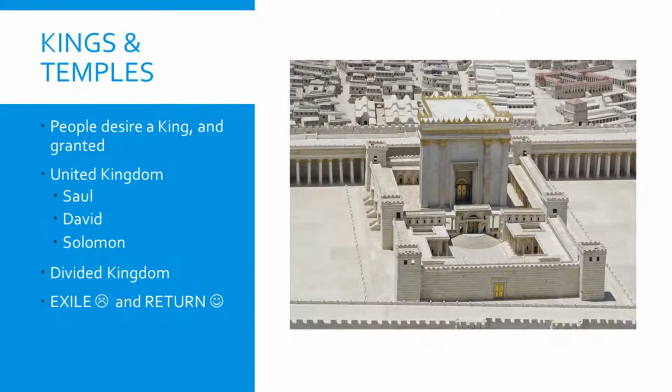Now, kings, temples. This image here is actually a model of the second temple. Remember, when they were doing a lot of that moving, they were nomads, the people didn't have their own place. One of the first things they needed to do when they got settled was, we need to build a temple. We need a stable place to worship, right? And they built a temple.